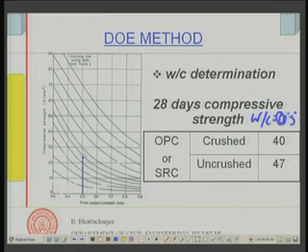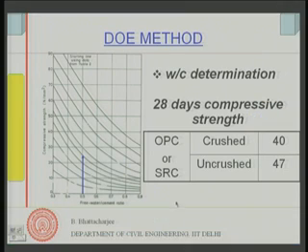I find my strength is equal to 25. Now, this gives me a way to select this curve. The curve that I will be using for my purpose is this curve. So, curve selection can be done.